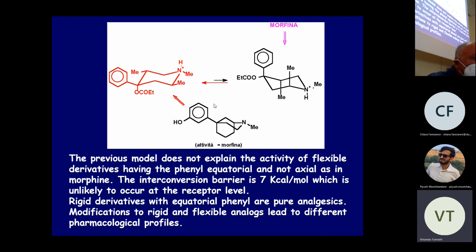This is a 4-phenylpiperidine with this additional chain able to block in equatorial position the phenyl ring. The scientists found that also this compound has a very potent analgesic activity.